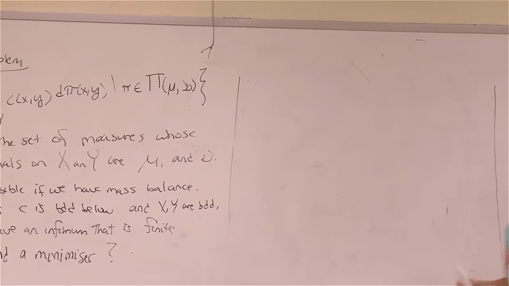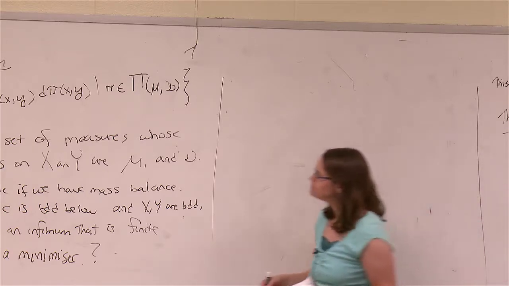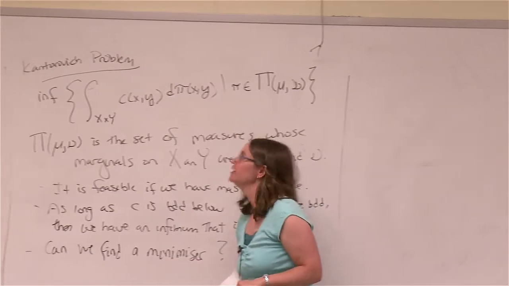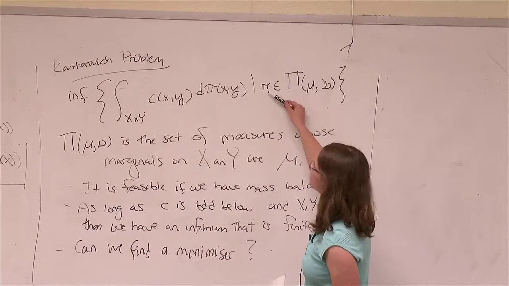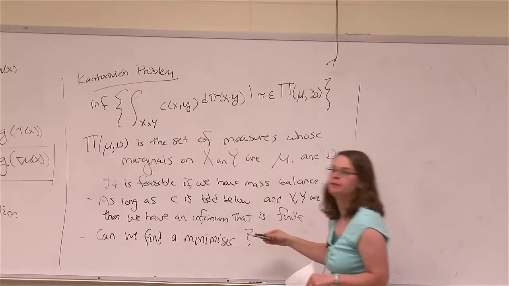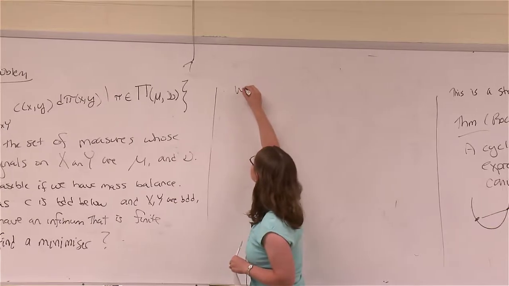Here we need to do a little bit of work. We're going to need to use some kind of compactness argument to argue that if we have a sequence that converges to the infimum, then the sequence of measures pi converges to an actual minimum. So we need a compactness argument.